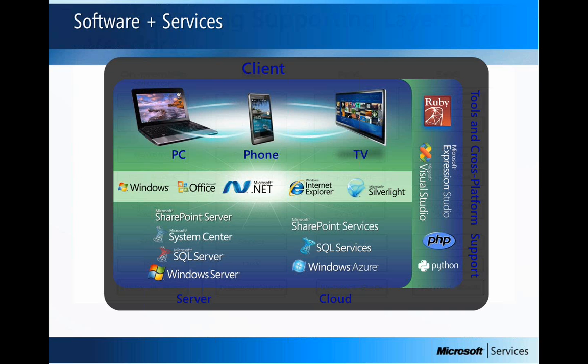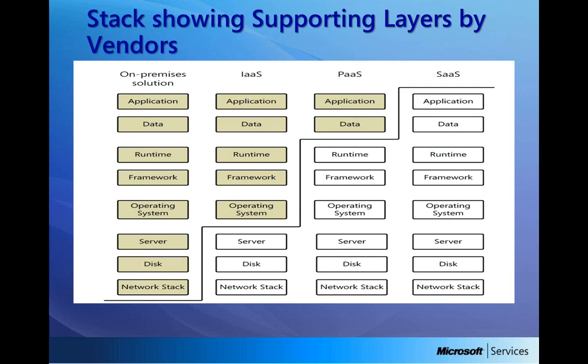Now this slide will give you the complete idea about what I'm talking about: on-premises solution, IaaS, PaaS, and SaaS. When we talk about the on-premises solution, as I told you, this is the existing model. Here we need to take care of everything from scratch. If you look at this stack, it starts from the network stack.